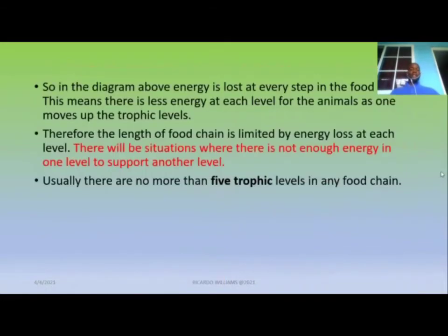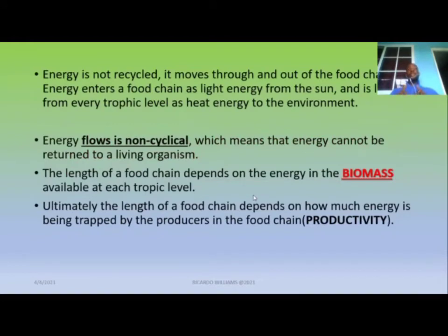So usually there are no more than 5 trophic levels in any food chain, because generally that's what the energy can support. Alright, so energy is not recycled. I want you to know this.